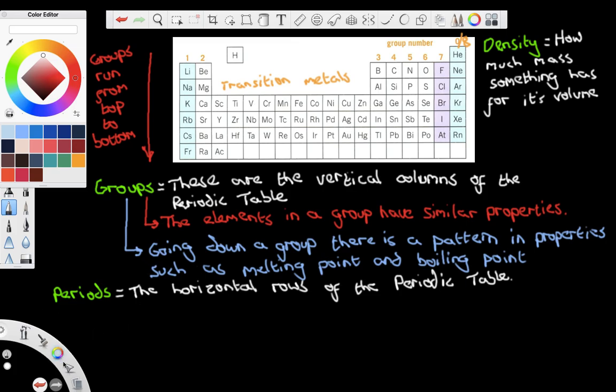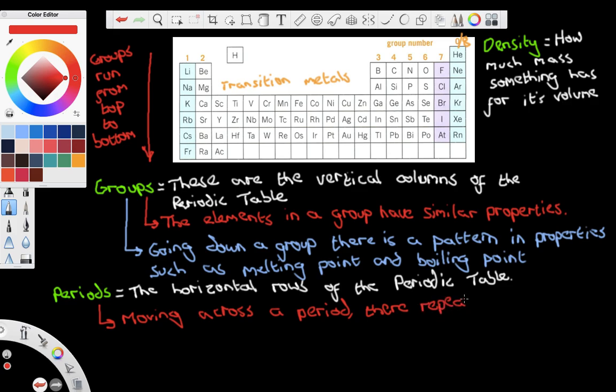Okay, so we can say moving across a period, comma, there are repeating patterns in the properties of elements. Okay, and we'll explain what that means in a second.